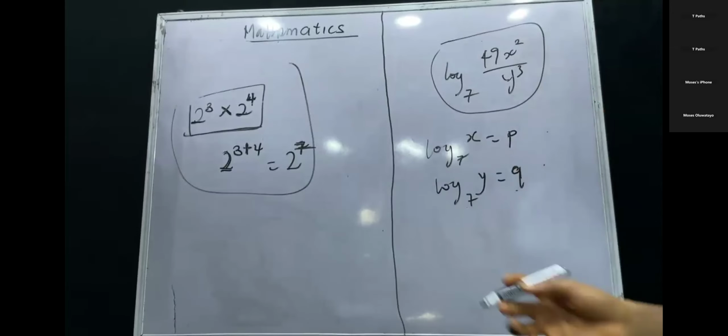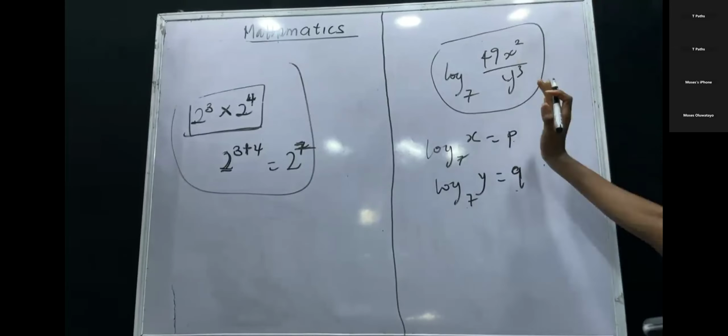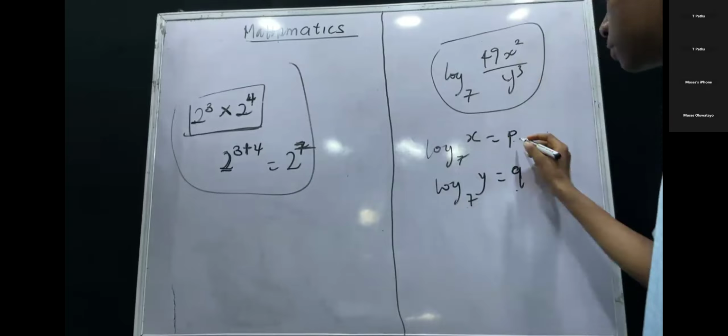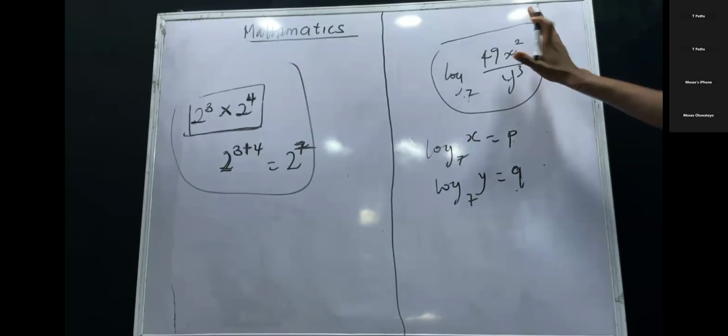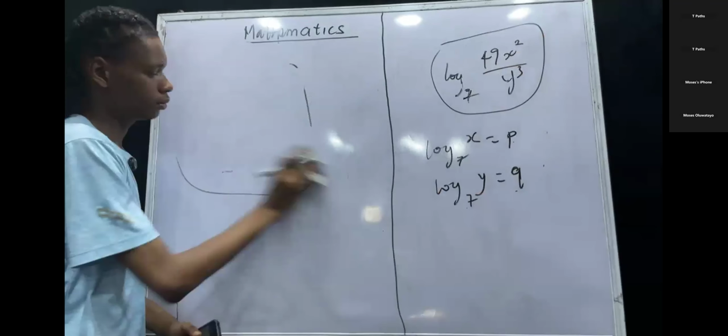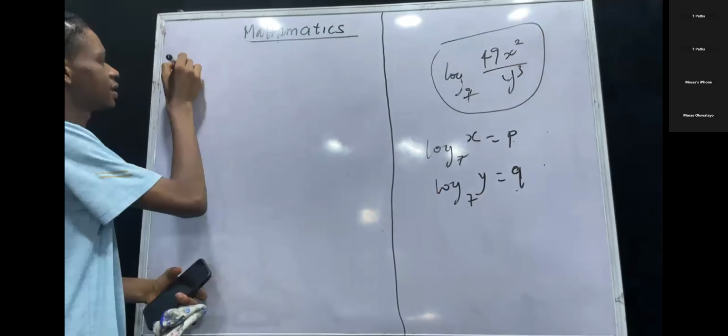So we already know log x to base 7 is p and log y to base 7 is q. So what we are going to do is try and simplify this logarithm expression. Okay, so I'm going to do that on this side of the board. So this is log to base 7.